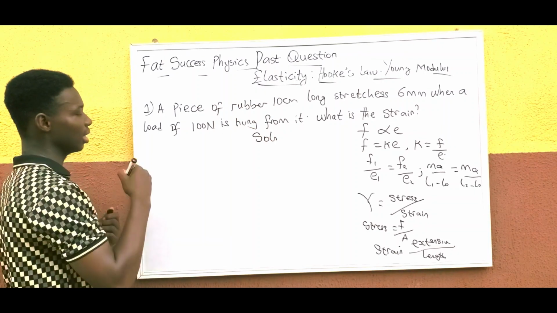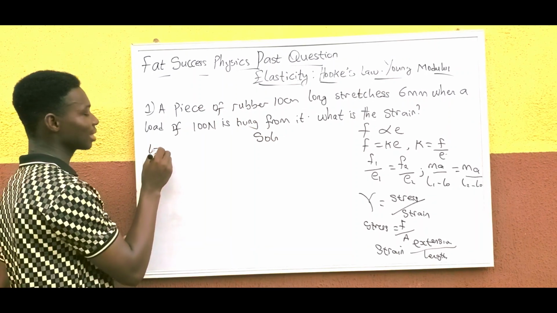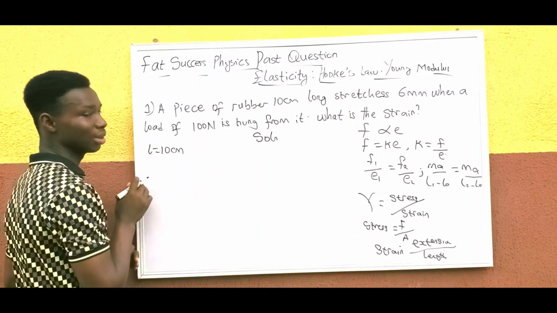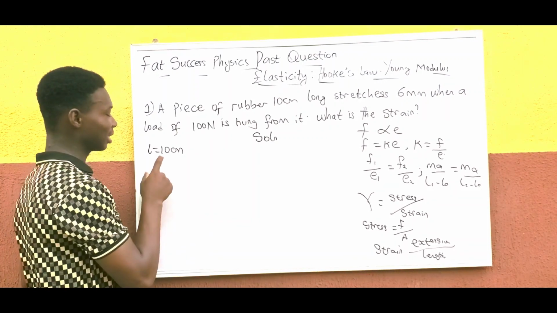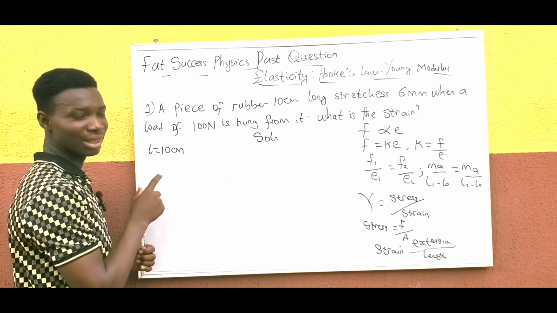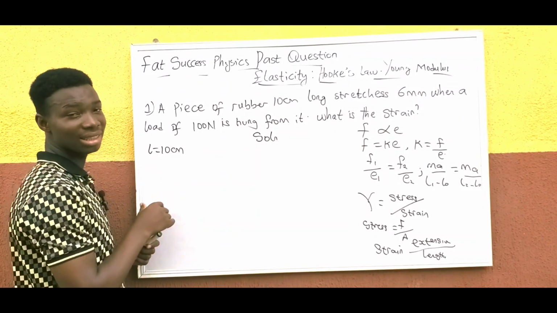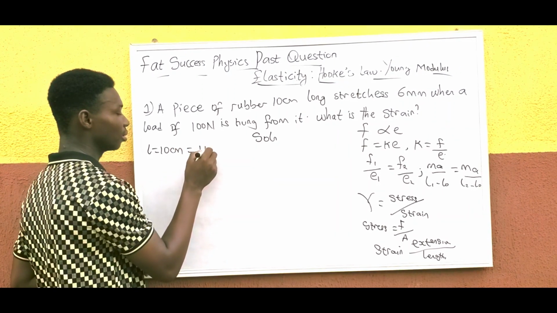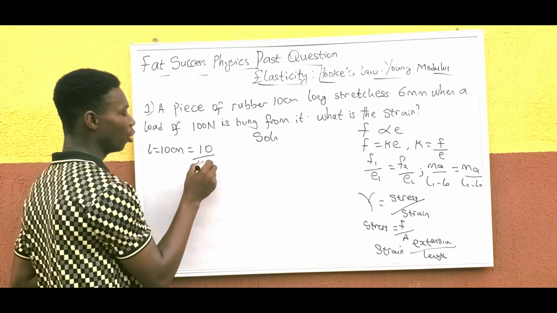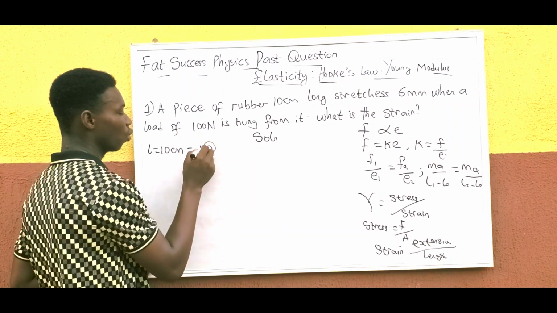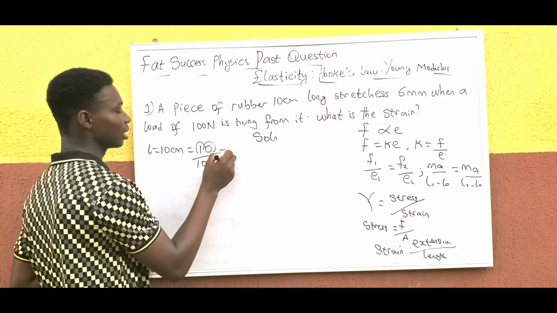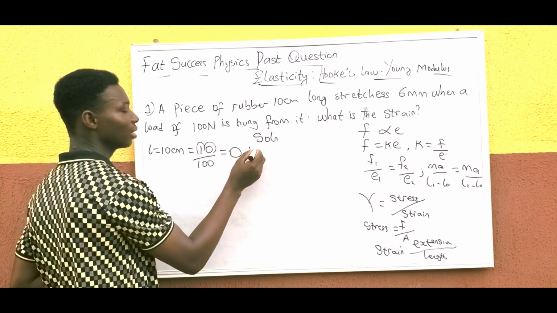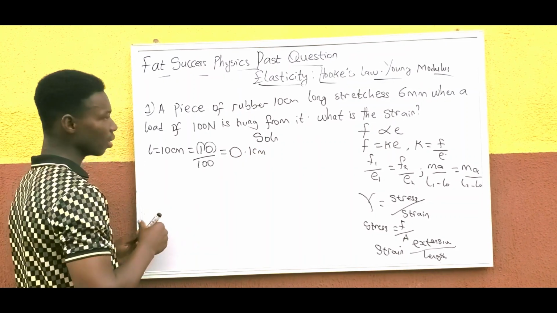So from here we have our length given as 10 centimeter. But don't forget that the SI unit for length is meter. You have to convert this 10 centimeter to meter. So it's the same thing as 10 divided by 100, which is 0.1 meter.